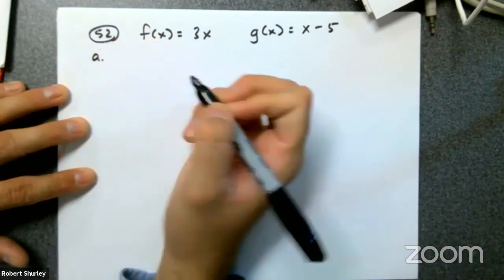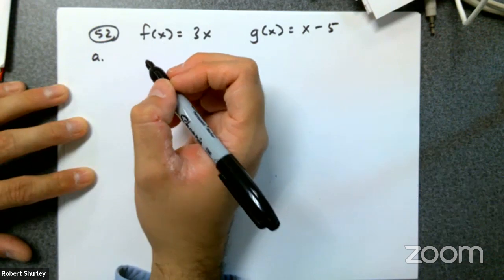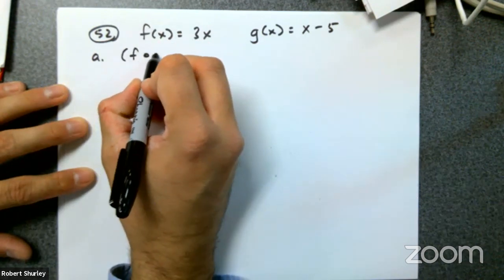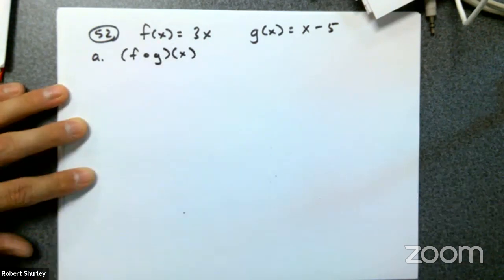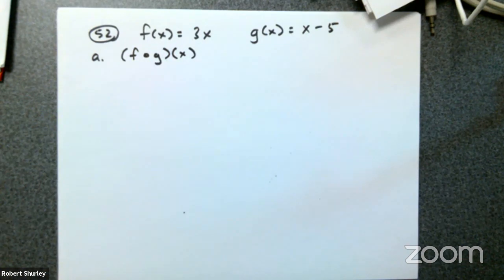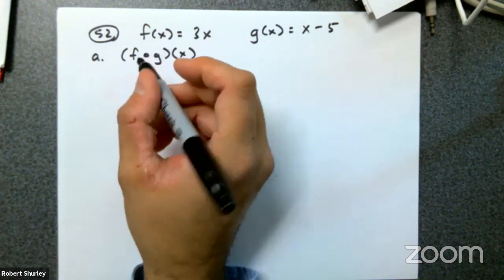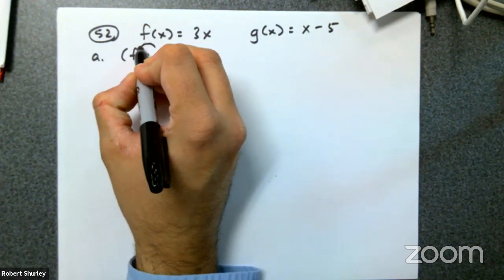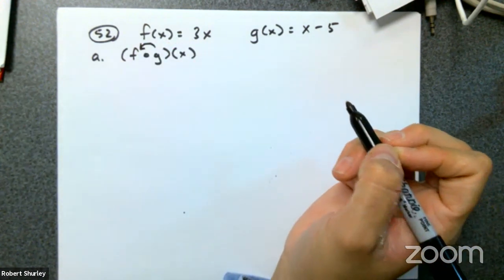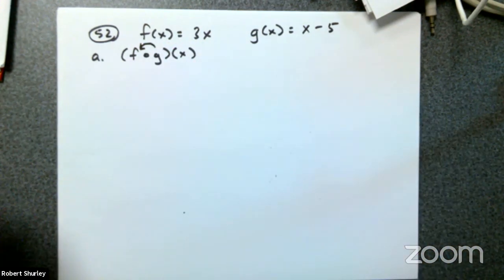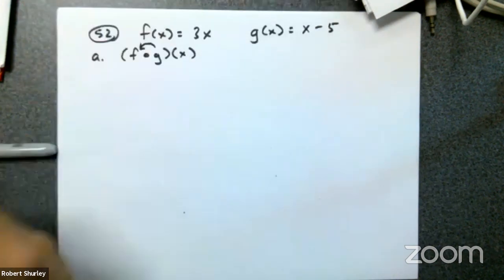So A asks, what's f composed of g of x? Now look, if you want to go the long route, that's fine. But really all we're doing is taking the g function and plugging it into the f function. Okay, I'm going to change colors because I'm going to go the other way here in a second.